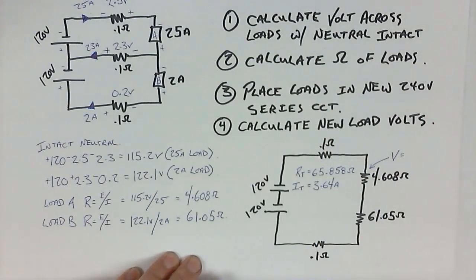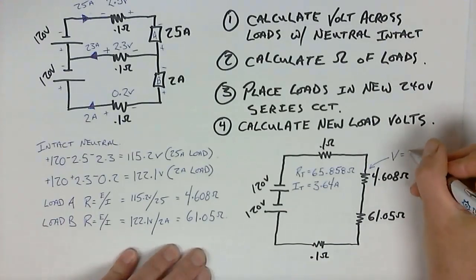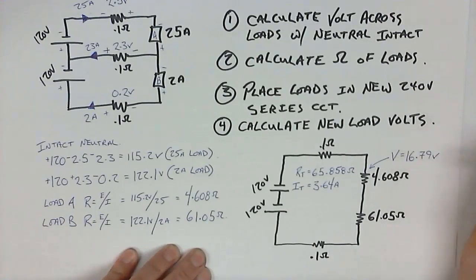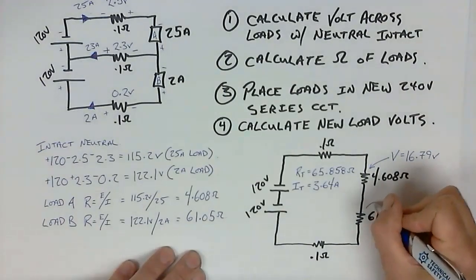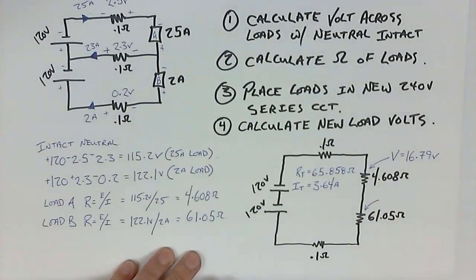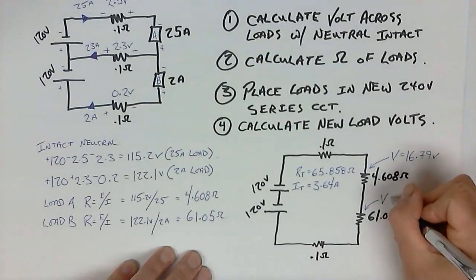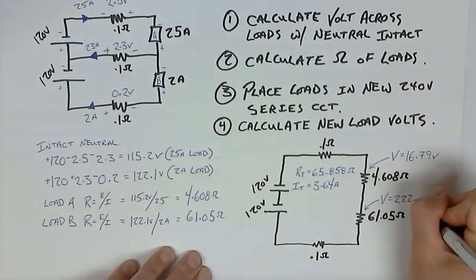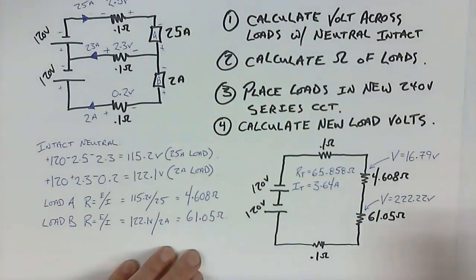So 3.64 times 4.608 gives me 16.79 volts. The voltage across my second load is the amps multiplied by the ohms. So 3.64 times 61.05, 222.22 volts.